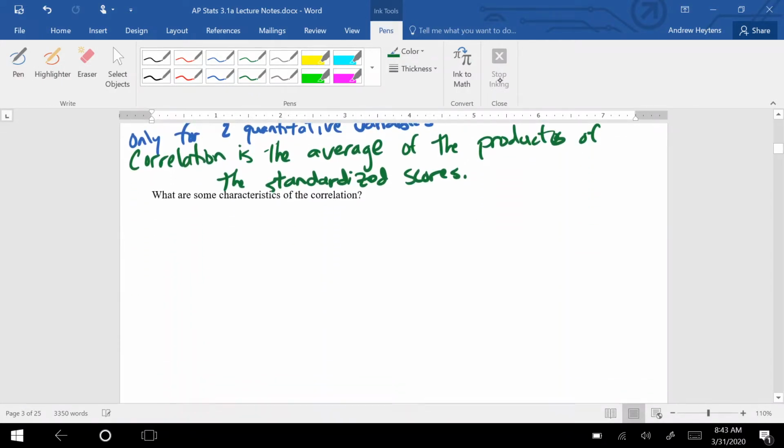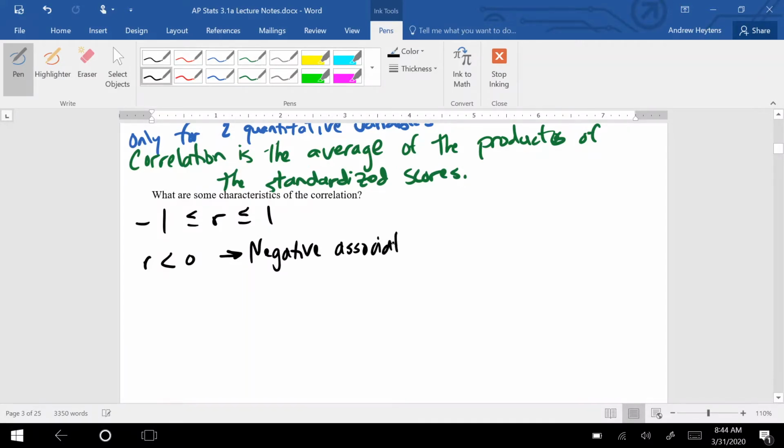Some characteristics of correlation: the correlation is always between -1 and 1. If your R value is less than 0, it means your direction is negative. If your R value is greater than 0, that means you have positive association.